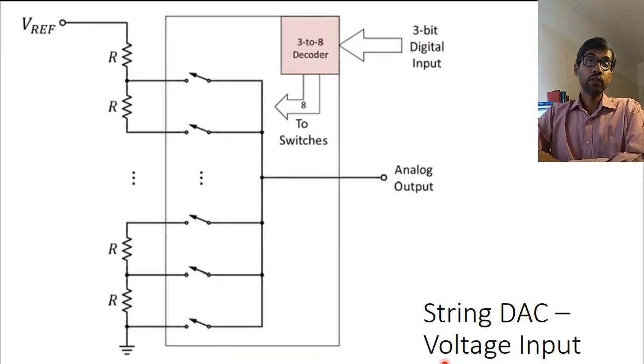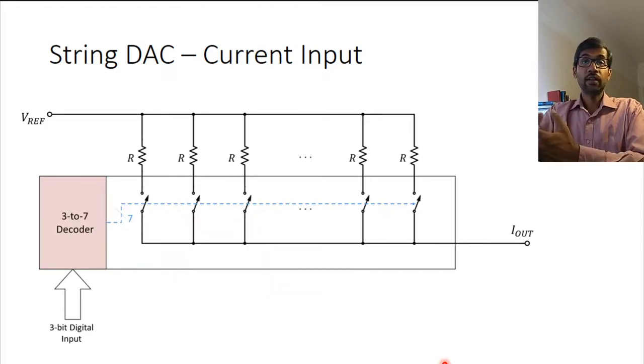Okay, you could have string DACs which are current output string DACs. I'm sorry about this. This should have been current output here. So again, you have a voltage input, but in this case, depending on which switch is on, you can have different currents flowing through Iout.